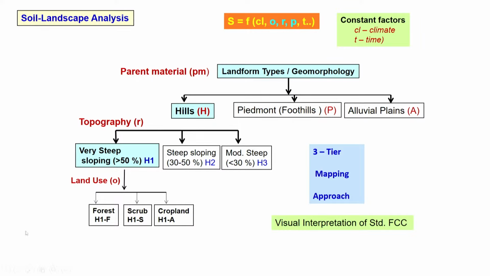Still I have not got the information about the soil, only landscape analysis I have done. Unless I visit the area and collect the samples, I cannot attach the soil information. Then it will be a soil map.